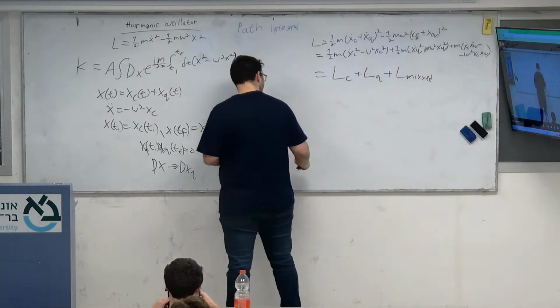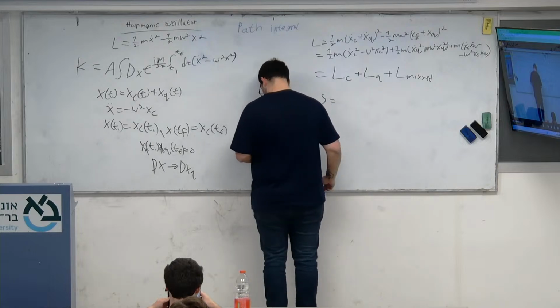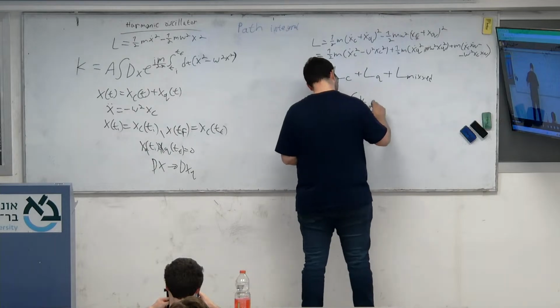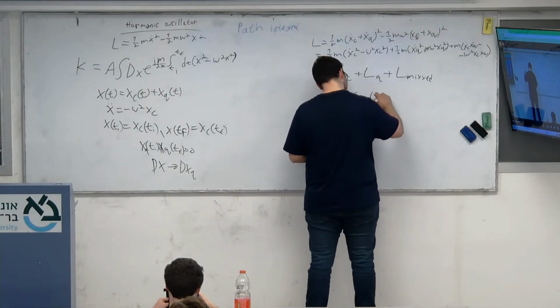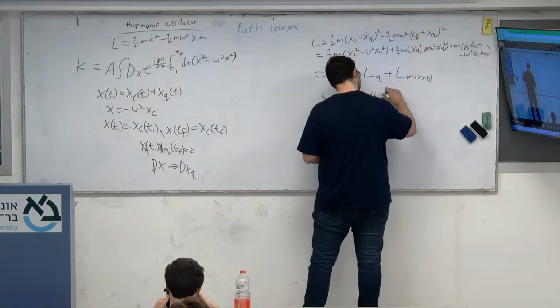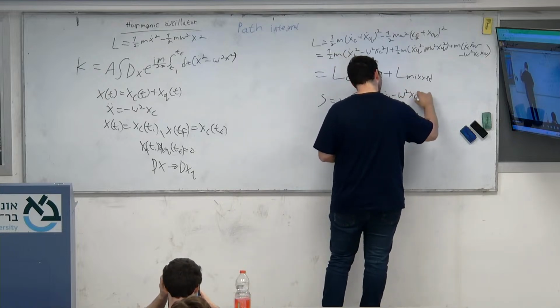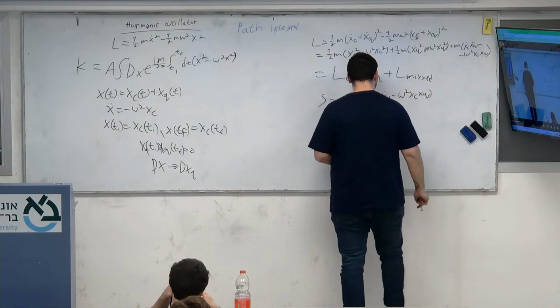So the action of the mixed term equals the integral of m dt (xc dot xq dot minus omega squared xc xq).